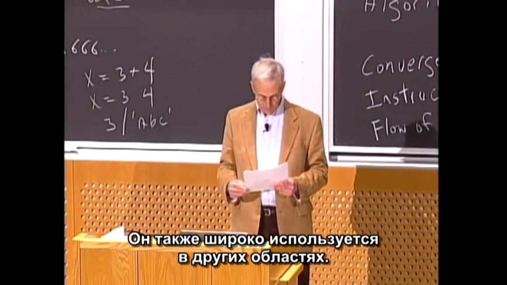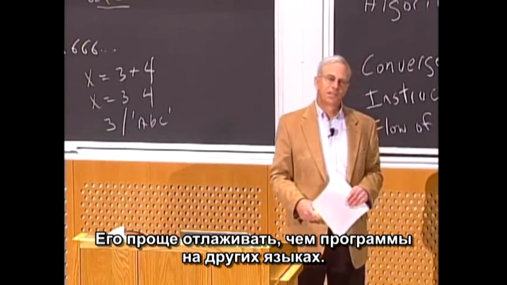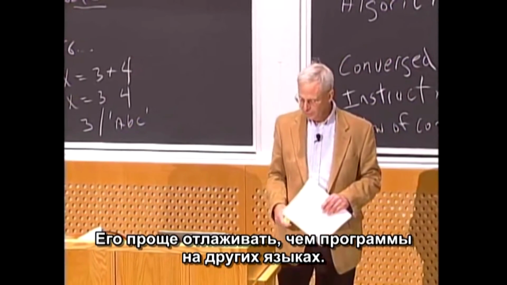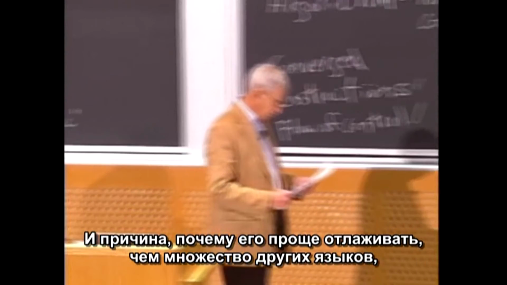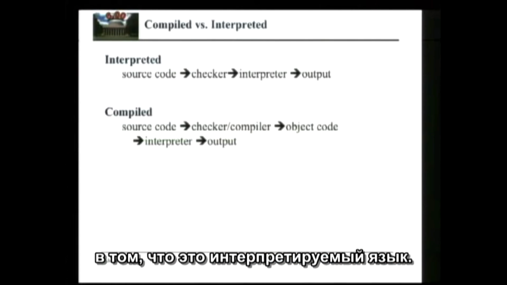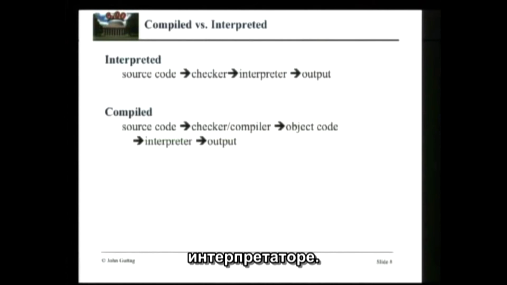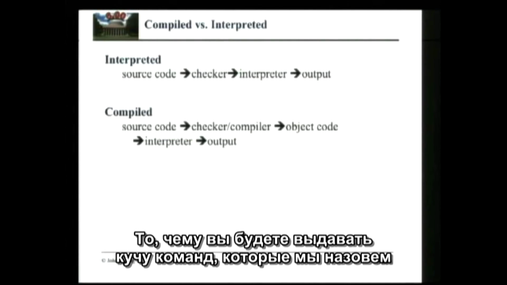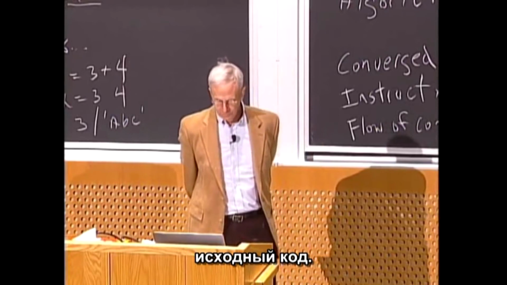It's also widely used in other areas as well. It is easier to debug than most languages. And the reason it's easier to debug than most languages, or than many, is it's an interpreted language. So you'll remember I talked about a computer as an interpreter, something that you feed in a bunch of instructions, that's called the source code.